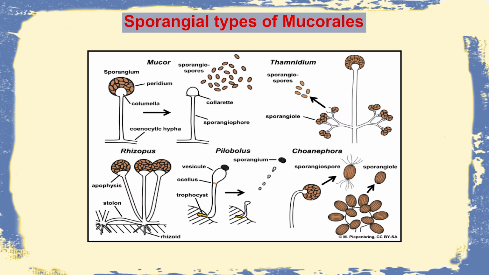Or sometimes in Thamnidium there is an apical one with lateral branches producing smaller sporangia. Or sometimes in Choanophora they produce a particular sporangia which is flagellated, and this sporangia will be attached to the central columella in a discrete fashion.